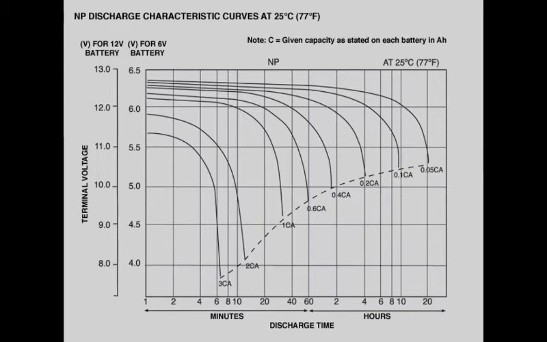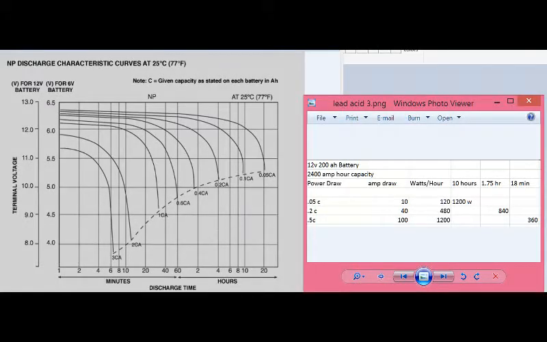Then you ask why these start below that, because these are the voltage drop you'll get at these different loads that you apply to the battery. So at a 0.05 C rating, it's about 10 amps for a 12 volt battery. The voltage drop would be down to about 12.7.